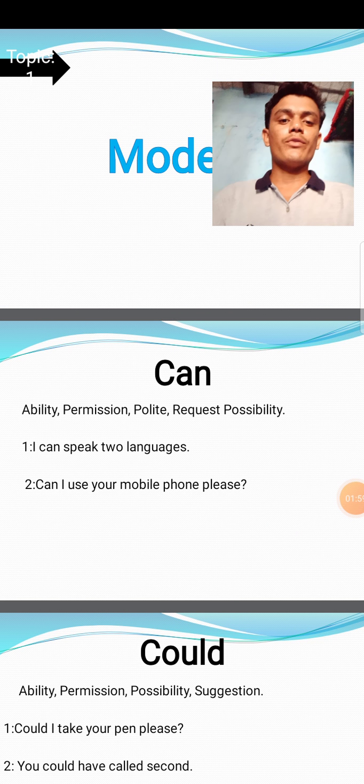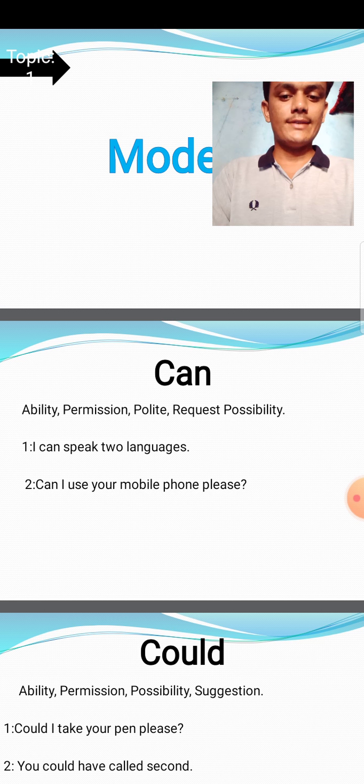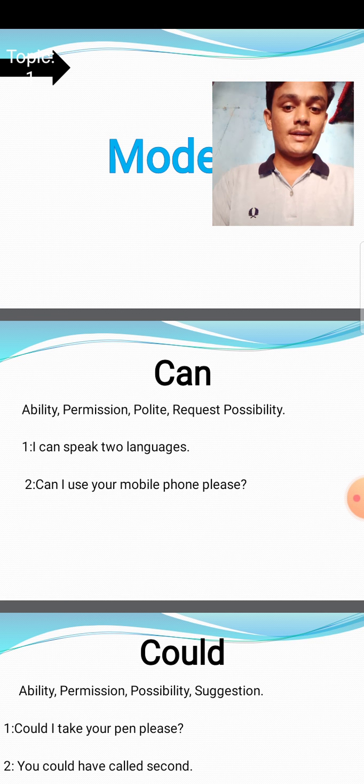Can shows ability, permission, polite request, possibility. Let's look at an example in the slides: I can speak 2 languages. This is an example of can.